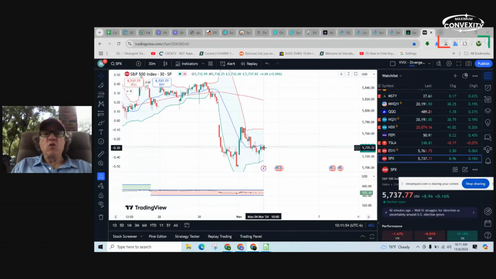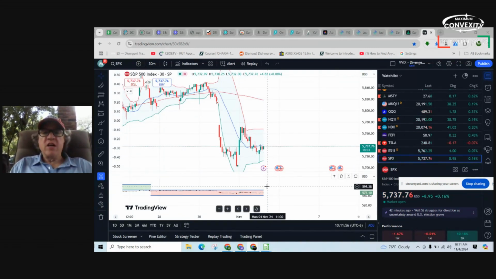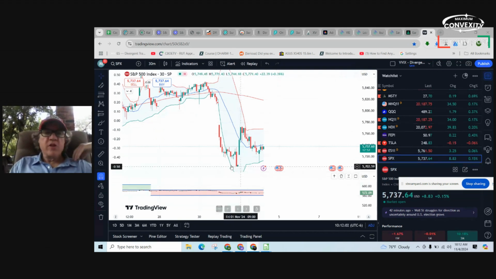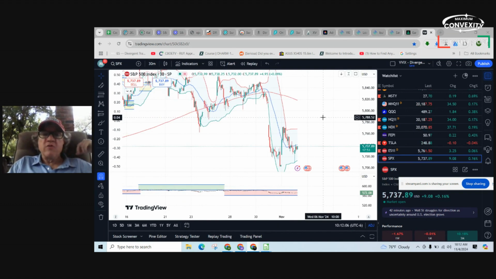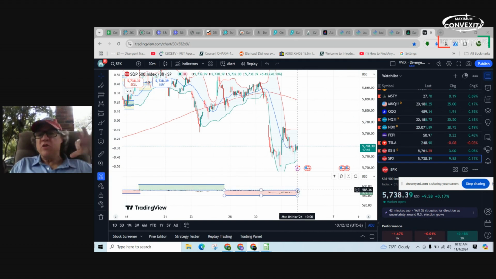So it's staying short. I'll let you guys know the second it goes back long again. And this is the 30-minute time frame, and this is what we follow every day. So right now we just be cautious, probably looking for more downside, but this can change in a hurry too. By this afternoon, it could, or no telling. If it changes, I'll let you know.